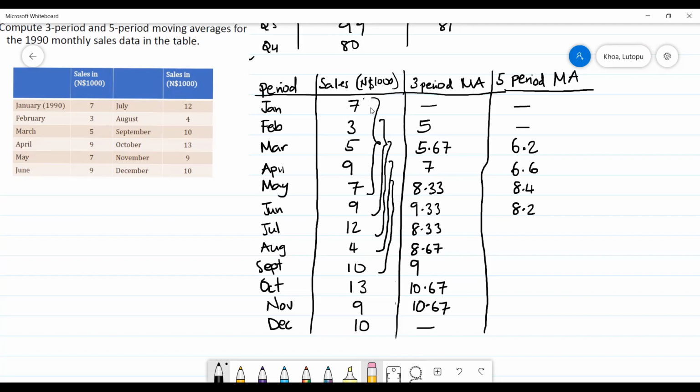This is 40 divided by 5. This is 8. Then 9 plus 12 plus 4 plus 10 plus 13. This is 48 divided by 5, 9.6.